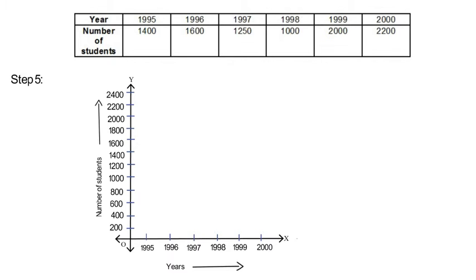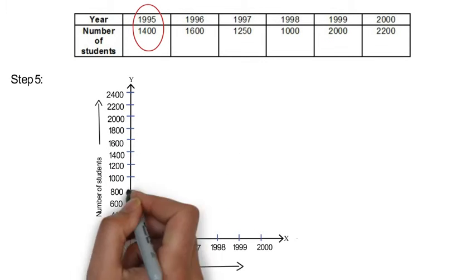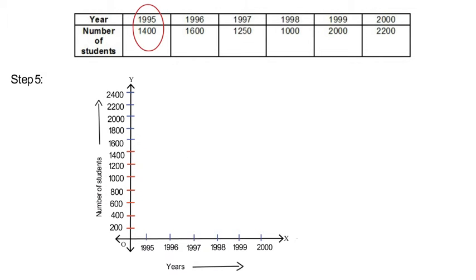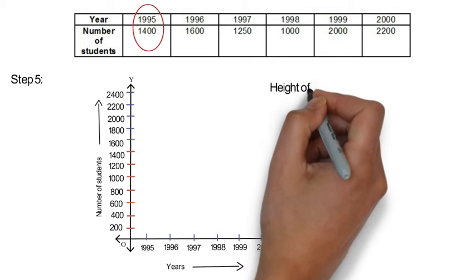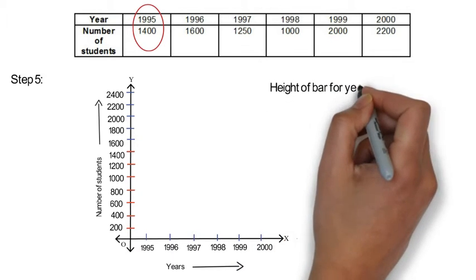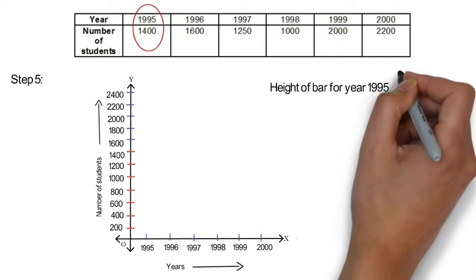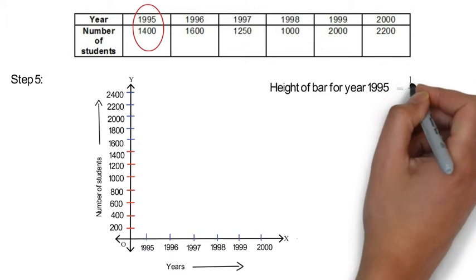Now in step number 5, we have to calculate the height of various bars as follows. So in 1995, the bar height we have to draw is 7 big divisions. Why do we take 7 big divisions? Because in 1995, 1400 students went abroad for study and we take a uniform gap of 200.